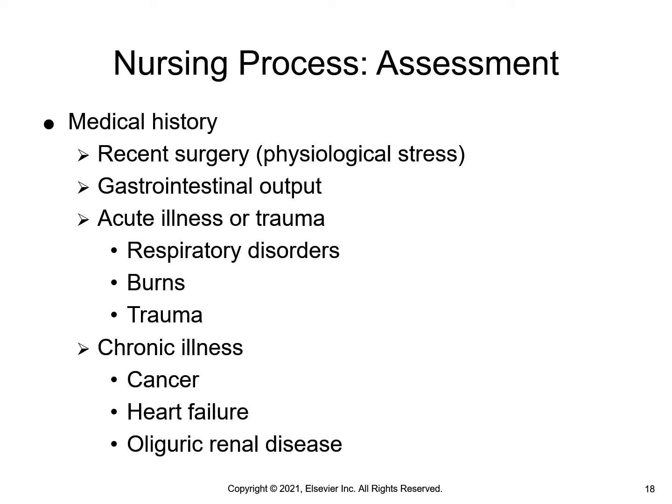Corticosteroids, your prednisone, cause hypokalemia and metabolic alkalosis. Diuretics, your furosemide and Lasix, as well as thiazides, cause extracellular volume deficit and hyponatremia. They can also cause hypokalemia, hypomagnesemia, and mild metabolic alkalosis.